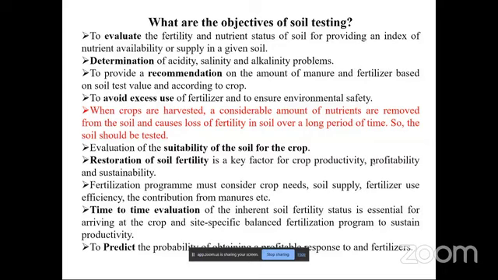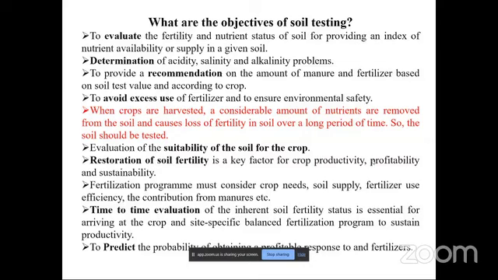So it causes loss of fertility in the soil over a long period of time. So the soil should be tested before planting a new crop, so we can evaluate the amount of nutrient which has to be provided for the successive crop.